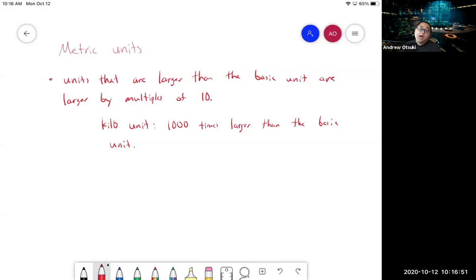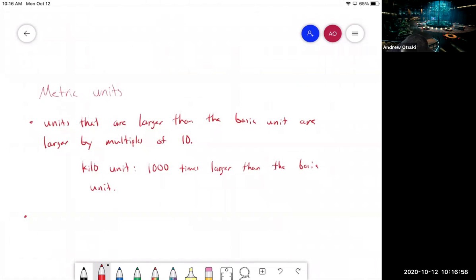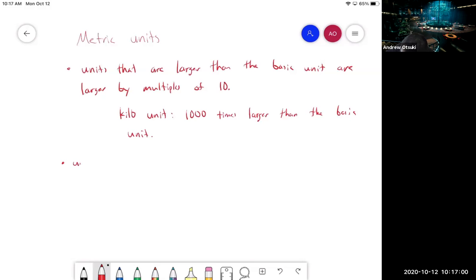And then on the other side, we have units that are smaller than the basic unit, smaller by multiples of 10.